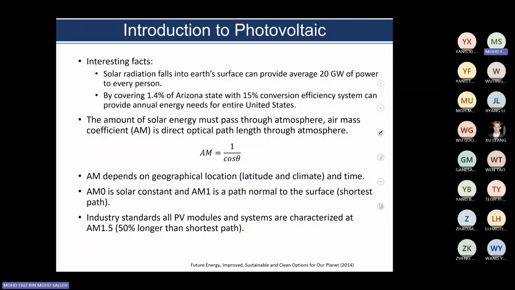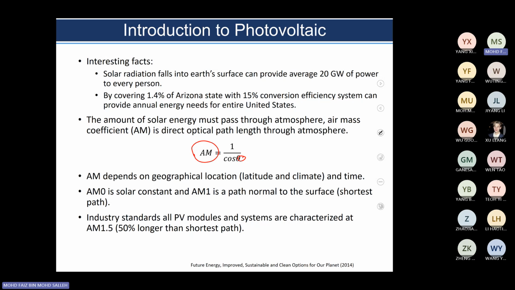one of the parameters. We use this one, the air mass coefficient, which is the direction of the solar irradiance. Either the radiation is in plane with the Earth's surface, or at some degrees. When we have AM 0, it means outside the Earth. When AM is 1, which is cos 0, right?